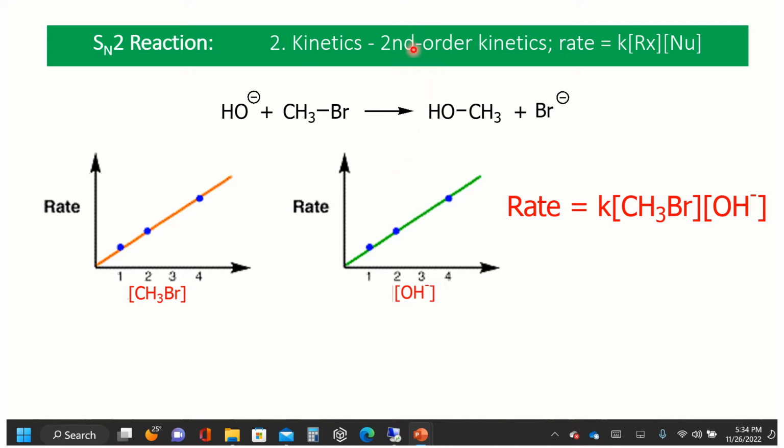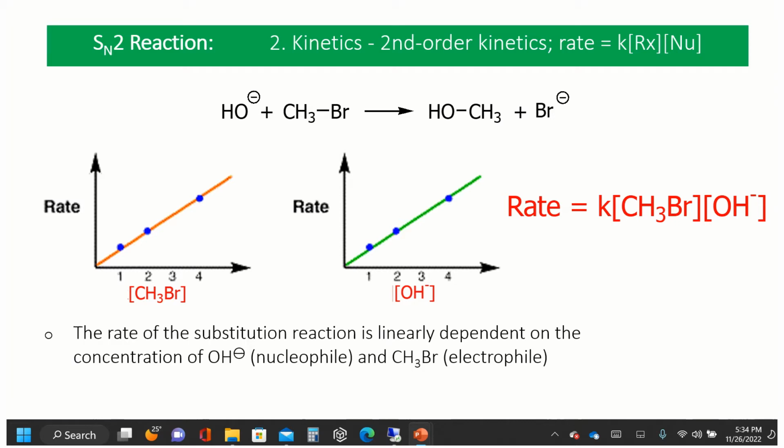The reaction is, of course, second-order kinetics, and if we do a plot of the concentration versus the rate, you can see we end up with a linear system. Same thing with a plot of the nucleophile versus the rate. It's also linear, which tells you that both are linear. So it is second order, i.e. bimolecular.